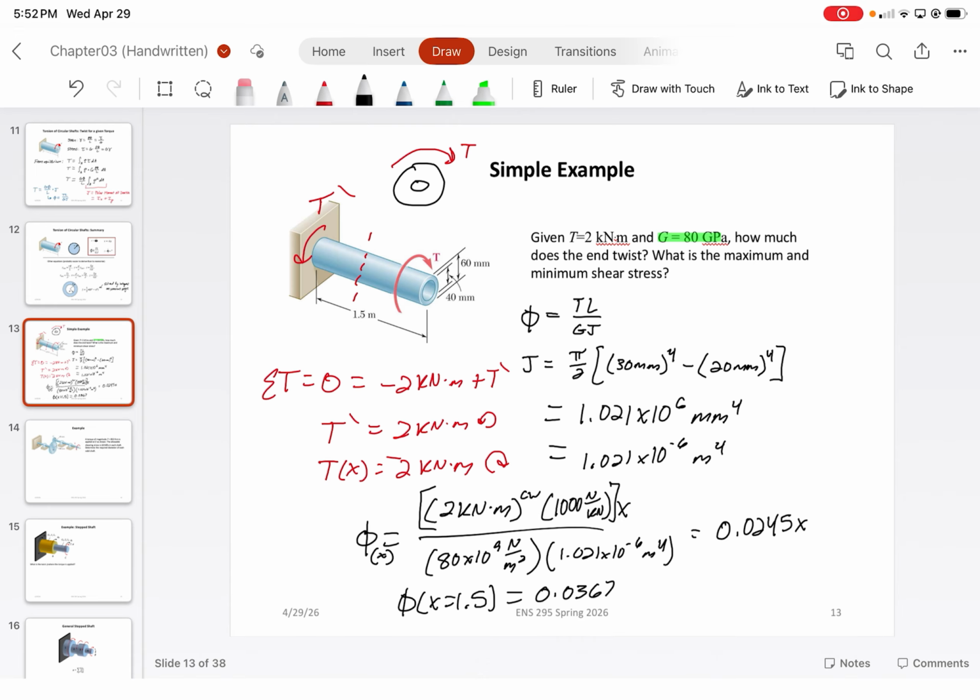Now let me ask this. What are the units of the angle of twist? It is radians. And if you want to get this in degrees, what do you got to do? Exactly.